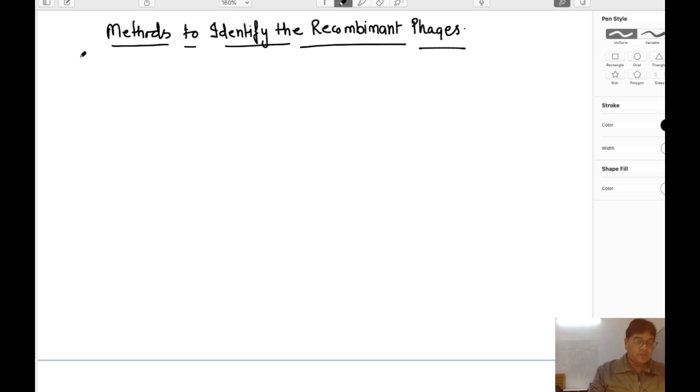The most common methods I am discussing here. The first method which is utilized to identify the recombinant phages is insertional inactivation of lacZ gene.